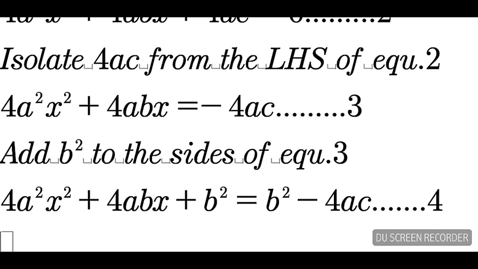Now listen. The purpose of adding b squared to both sides of equation 3 to have our fourth equation is to have a perfect square trinomial on the left hand side of equation 4. The left hand side of equation 4 has 3 terms: the first term, which is the quadratic term, the second term, which is the linear term, and the third term, which is also a quadratic term.